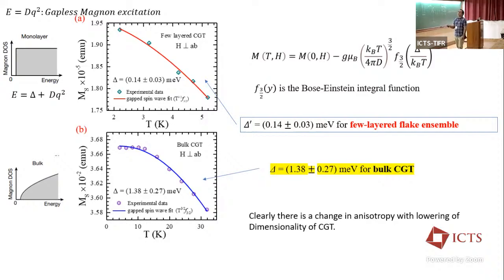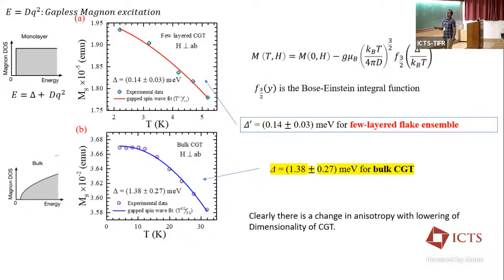You can fit the saturation magnetization, which we measured from the critical scaling analysis, as a function of temperature, and you can find out the value of the anisotropy gap present inside the system. And for the bulk, we find that the anisotropy is around 1.38 milli electron volt.